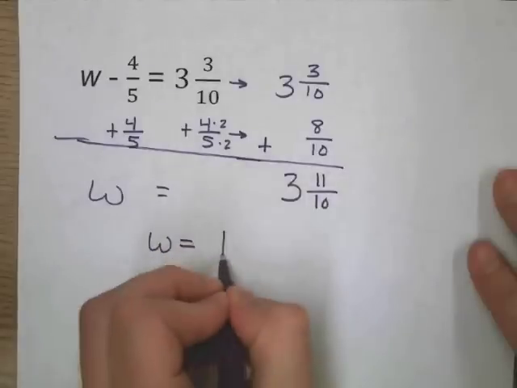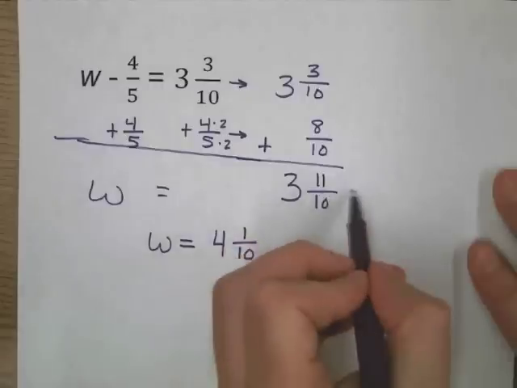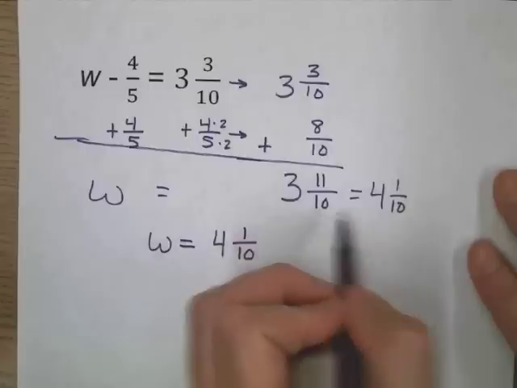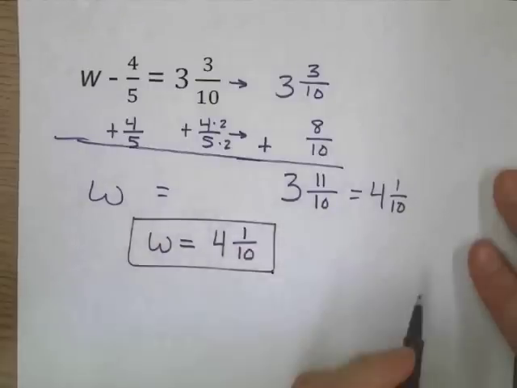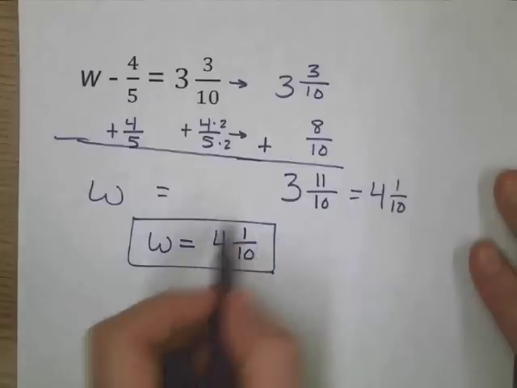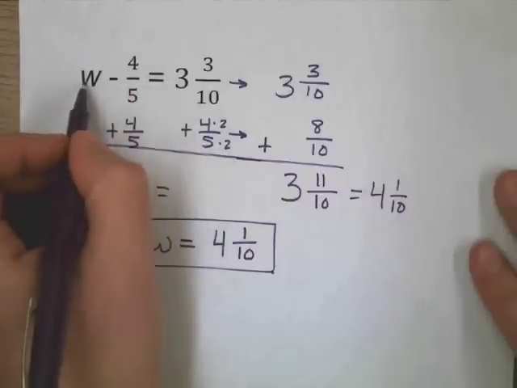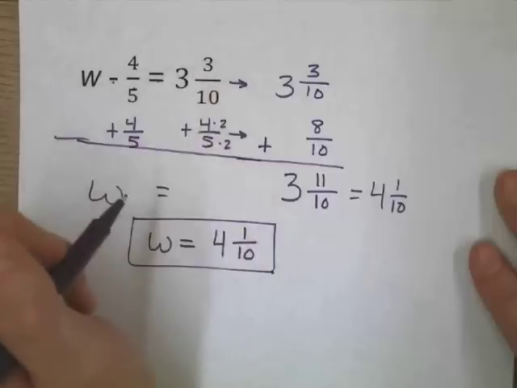So I'm going to have 4 1/10. 4 1/10 is equivalent to 3 11/10. So my final solution is w equals 4 1/10. If I wanted to, I can put that back in to my original equation and prove that 4 1/10 minus 4/5 does equal 3 3/10.